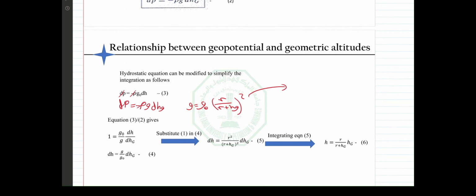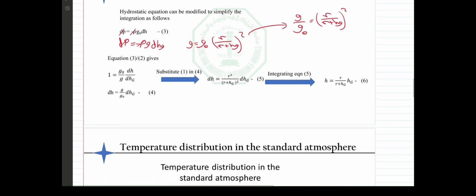Now we want the form of g over g naught alone. So we have g over g naught equals R over R plus Hg, whole squared. Okay, now let's memorize this one.